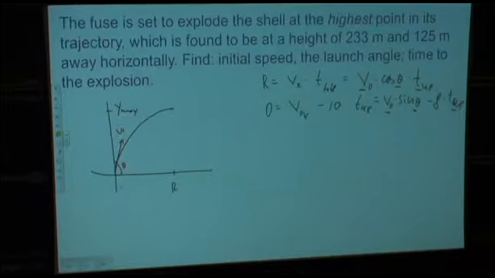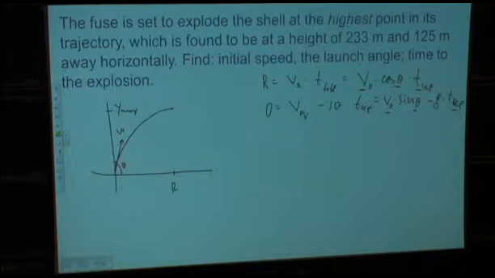Well, we could have added the motion equation, y equals y initial, etc. However, again, that equation includes the time, which we don't know.